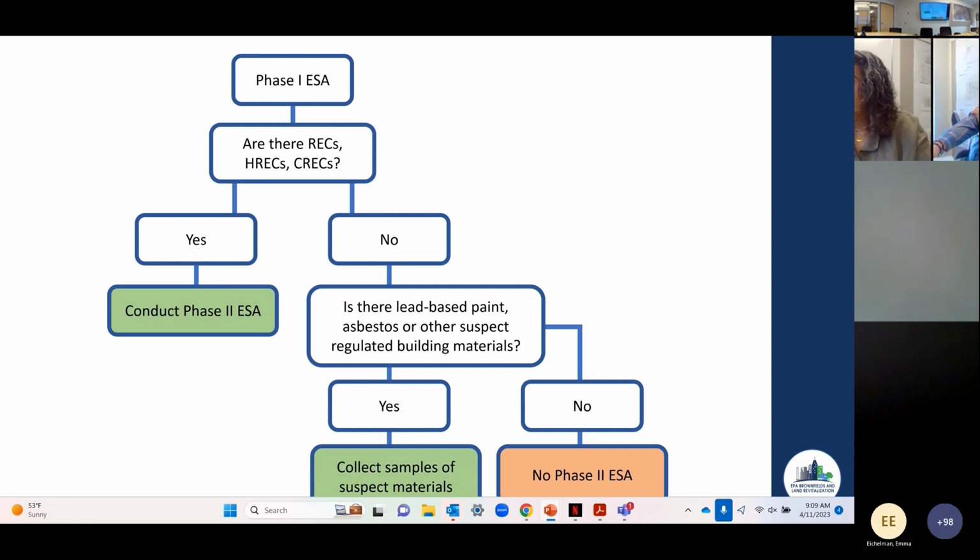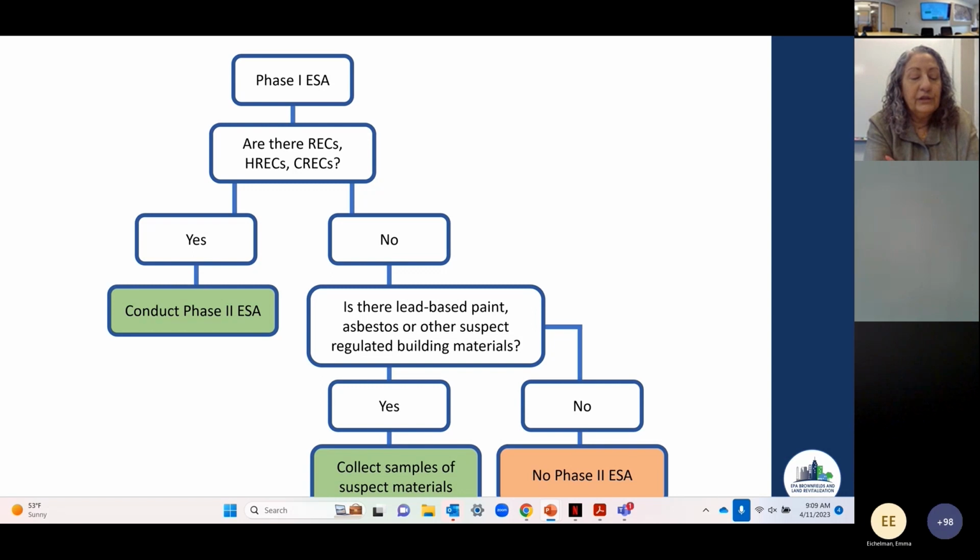Refreshing a phase one after 6 months and doing a new phase one, what's the difference? So the question is the difference between refreshing a phase one after 6 months and doing a whole new phase one. The difference is in a refresh, you're simply pulling a new database report to see if there have been any new sites listed, any new releases reported, and doing another site visit to examine the current status of the property.